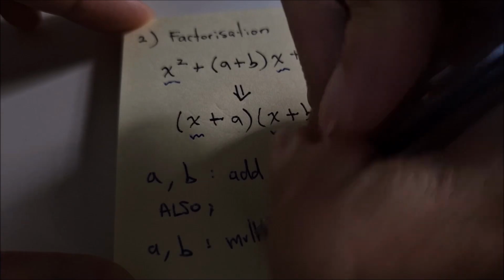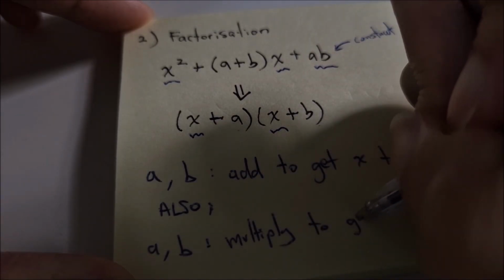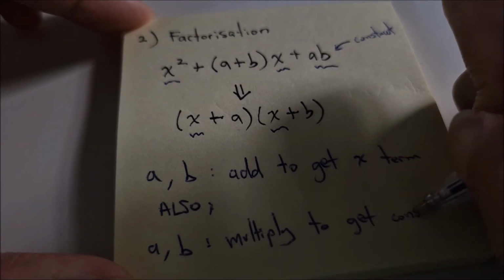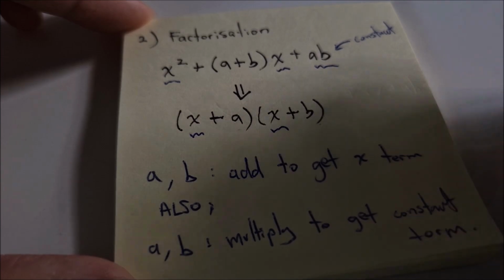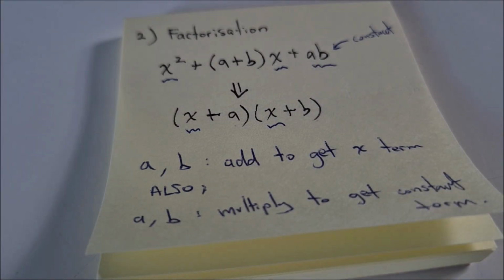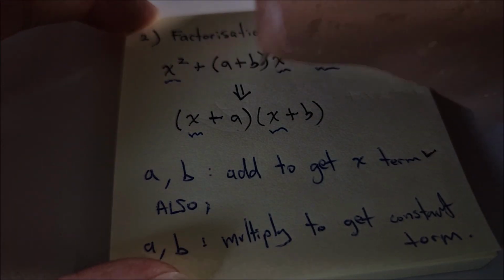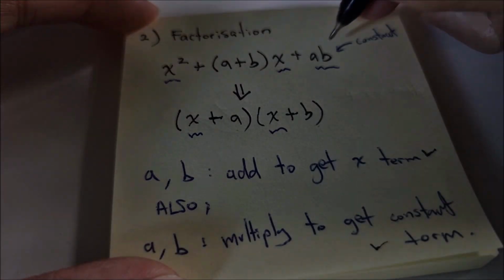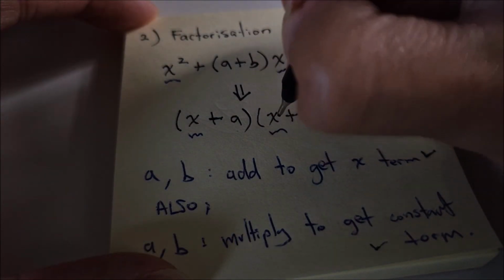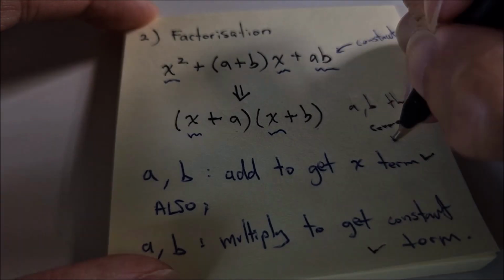Also, it must multiply to get the constant term. If addition satisfies this, and multiplication satisfies this, then we know A and B are the correct numbers.